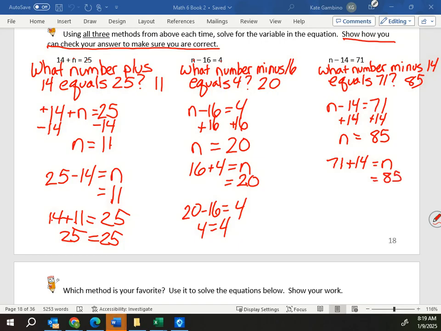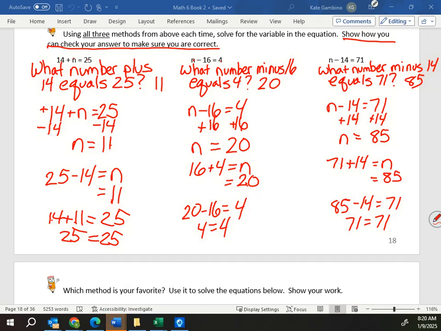Now I need to check my answer to see, did I do my math correctly? So I'm going to put that 85 that I had for my n in for n, minus 14 equals 71. 85 minus 14 is 71, and 71 truly does equal 71.